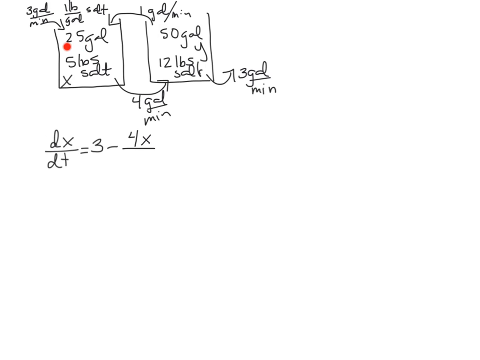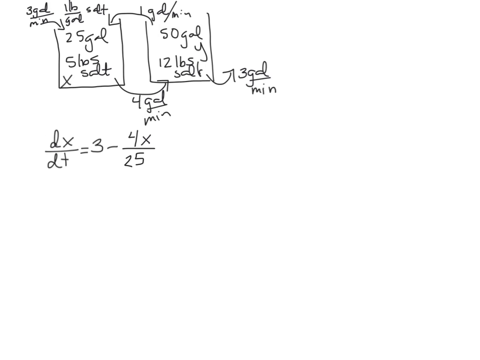I've got 25 gallons. I've got 3 gallons going in. I have another gallon coming in from here, so that's 4 gallons per minute going into this tank, and 4 gallons per minute going out of the tank. So that means that that 25 is just staying as 25. It's not going to change because there's 4 gallons total going in, 4 gallons total going out.